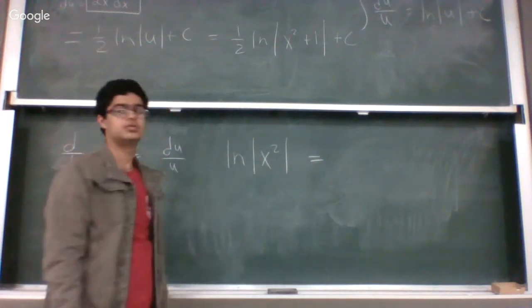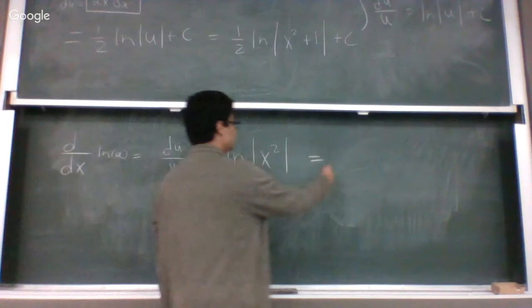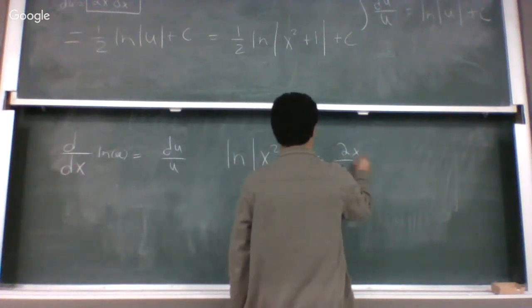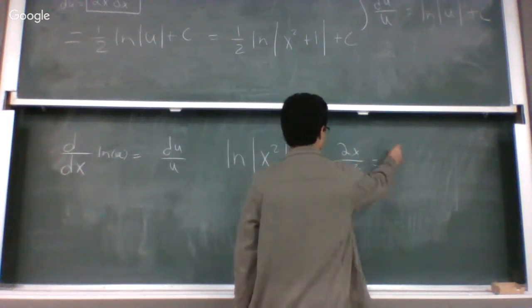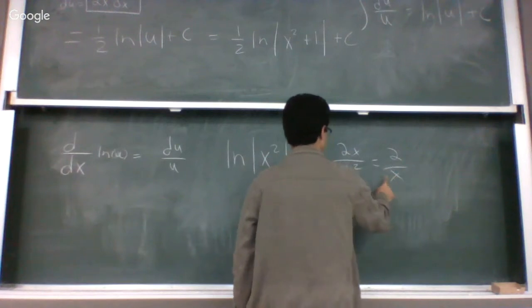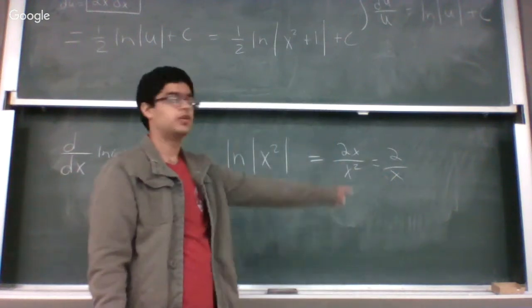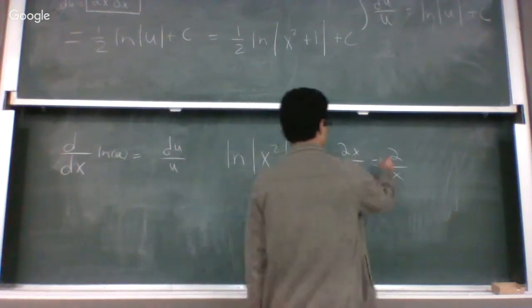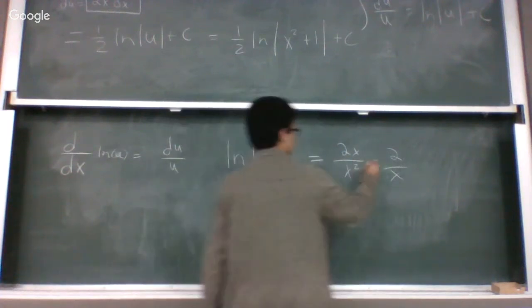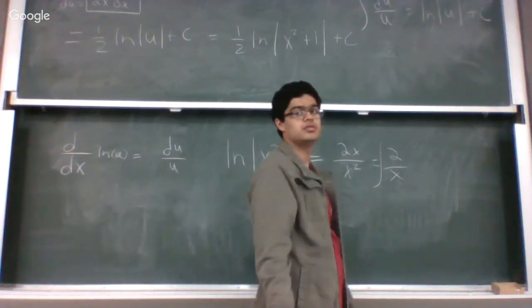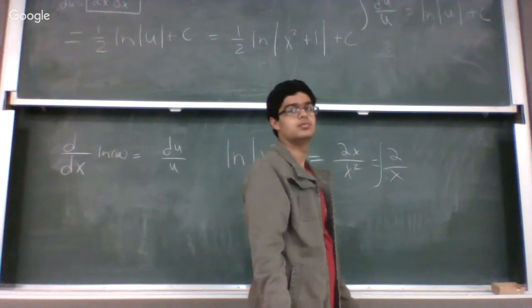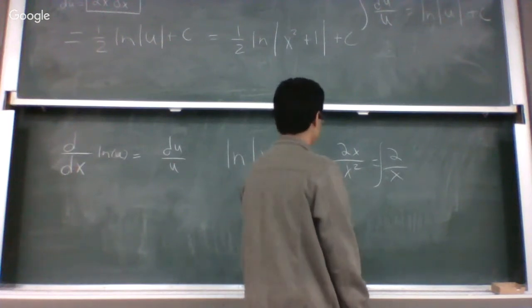It's d of x squared over x squared, which is 2x over x squared, which is 2 over x. So if we were to take the integral of 2 over x, did I do it right?